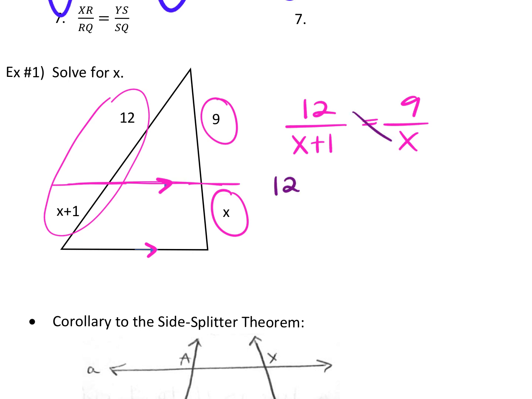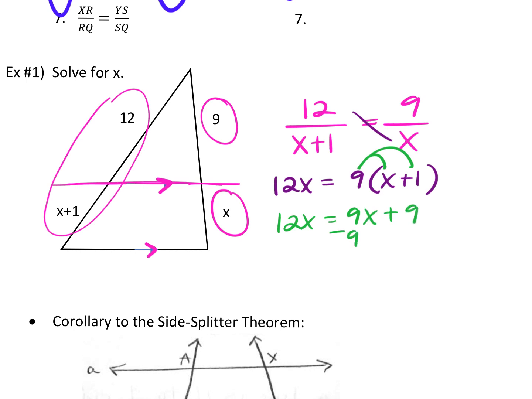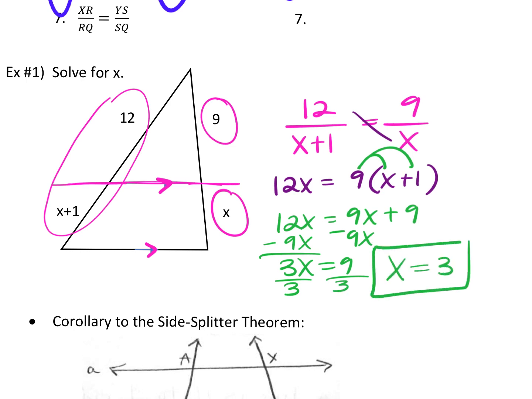So this is 12x equals 9 times x plus 1, so 12x equals 9x plus 9. Take away that 9x, so 3x equals 9, and divide by 3, and that means x is 3. So that's the side splitter theorem.